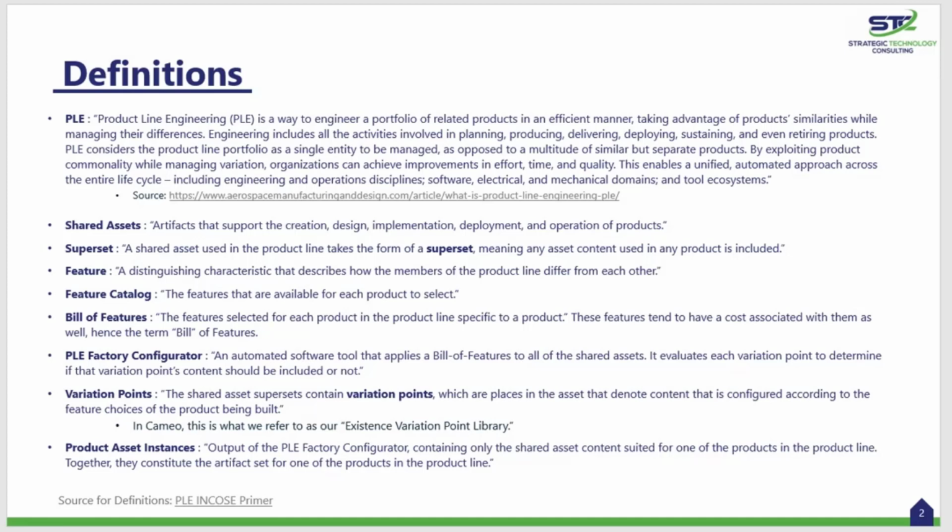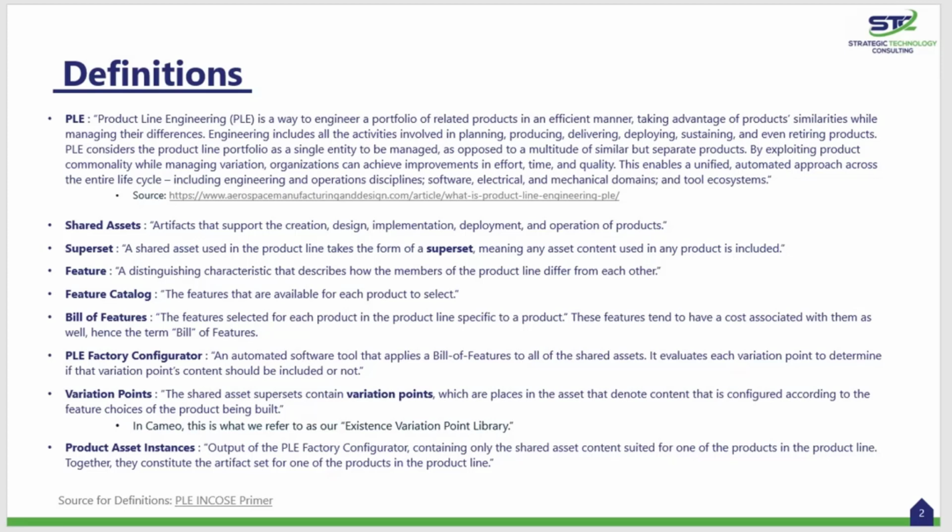The variation point, specifically, is going to look like our existence variation point library in Cameo. Whenever you choose something while configuring a product, with this variation point that you create, it's going to pick that from your architectural model and say, hey, this is applied on this configuration. And then our product asset instances are simply the output.